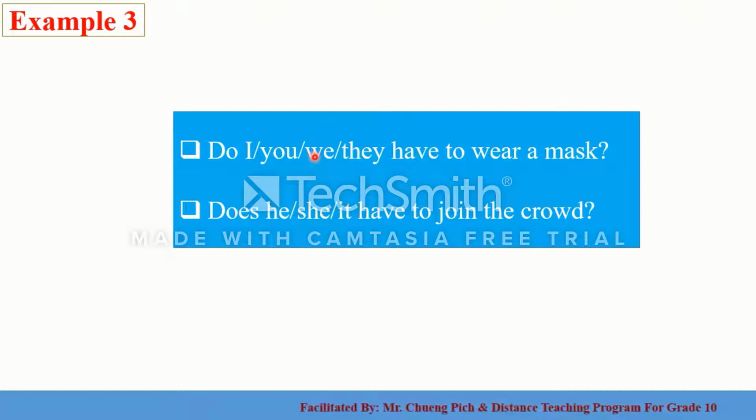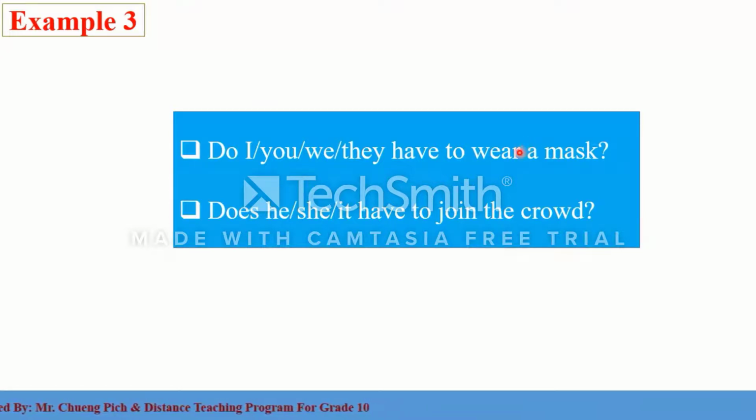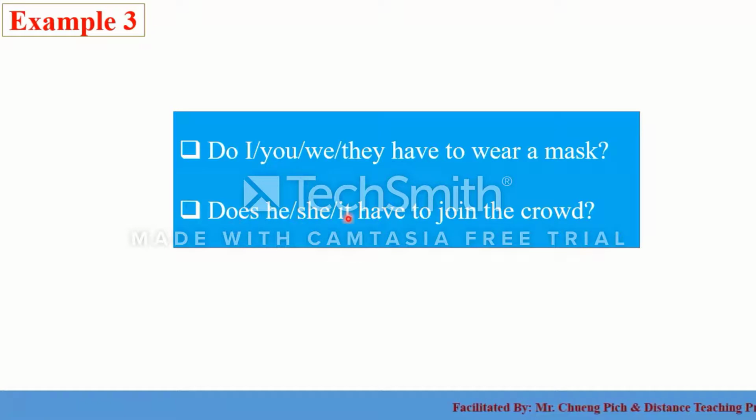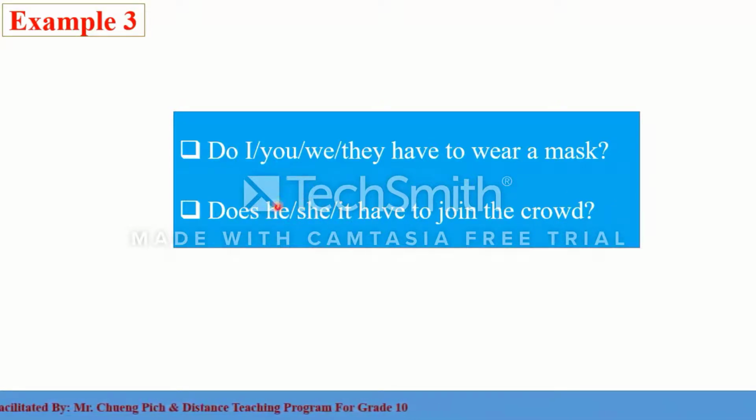For example, you are not sure, and then you want to ask your friend. So you say, do I have to wear a mask here? Something like that. And does, so we use it with he, she, it with have to as well. So does he have to join the crowd, or does she have to join the crowd, or does it have to join the crowd? So we just choose one of these 3 subject pronouns to make one statement, but here, just as an example, I put it all together.